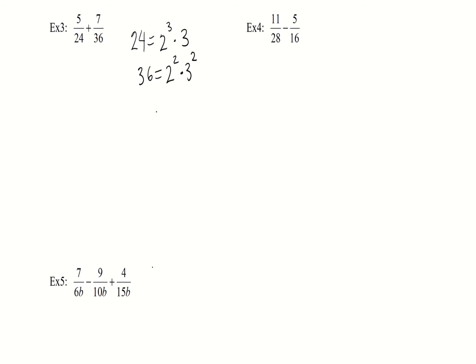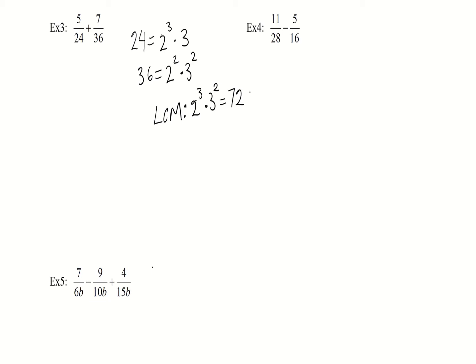Therefore, we can determine that the least common multiple between those two numbers, 24 and 36, is going to be 2 to the third times 3 squared, which is equal to 72. So that's our least common multiple.